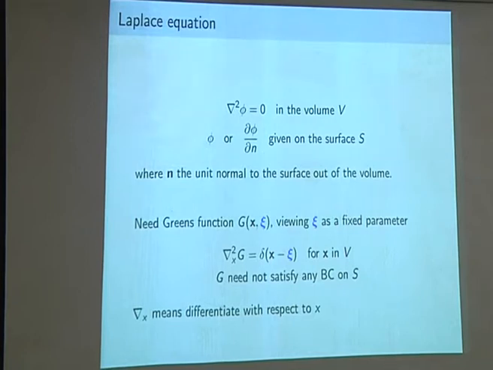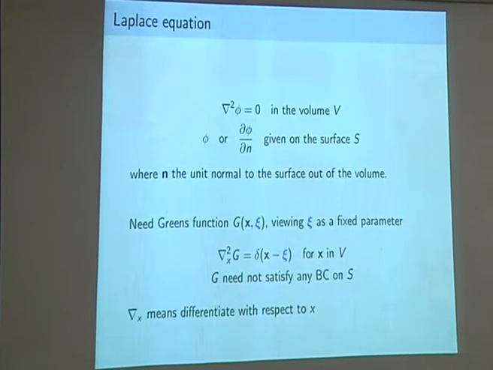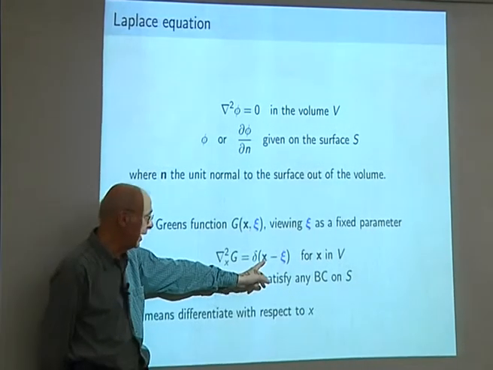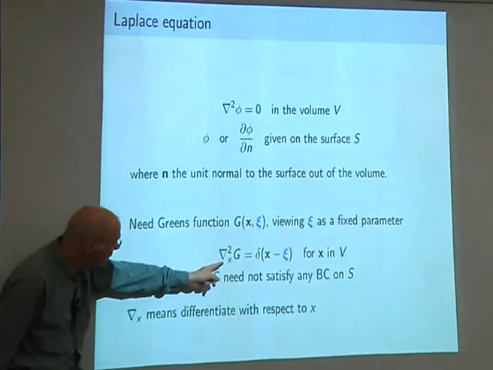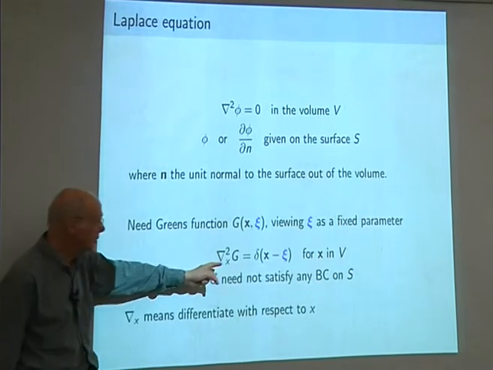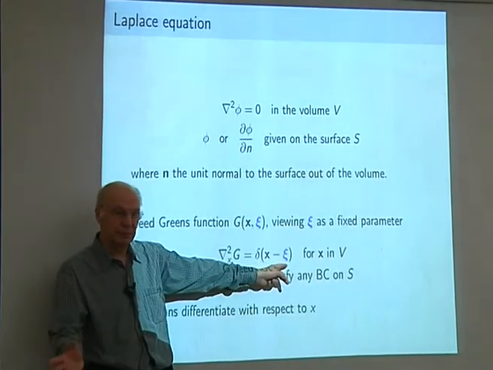So we have that equation in some volume, and we're either given the value of the potential or the normal gradient of the potential, and n is the outward normal. And we need a thing called the Green's function that satisfies Laplace's equation and is a delta function at some point x equals psi. So the subscript here says take derivatives with respect to x. Psi is just a fixed parameter, a fixed point.